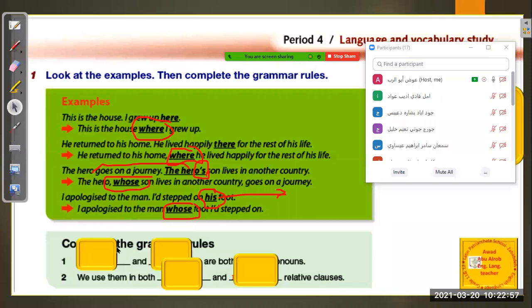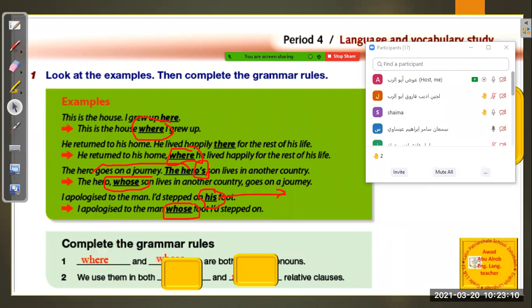Rule number 1, who can complete that? Anastasia. Yes, go. Where and whose are both relative pronouns. Write on it: relative pronouns. So where and whose are both relative pronouns. Now continue.